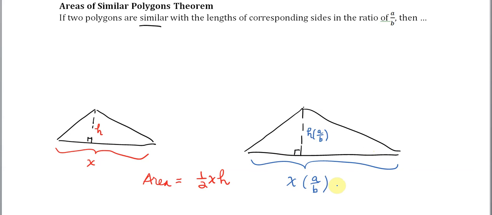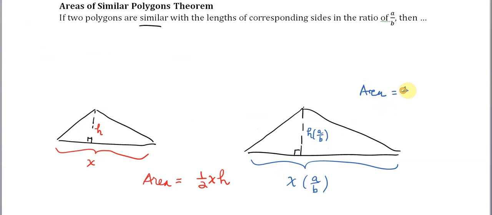Okay. And you can see that this is going to get a little bit messy, but rest assured we can work through this and clean it up and get a pretty nice looking result. So the area of this triangle here that's been scaled up from the other triangle, the formula still applies the same way.